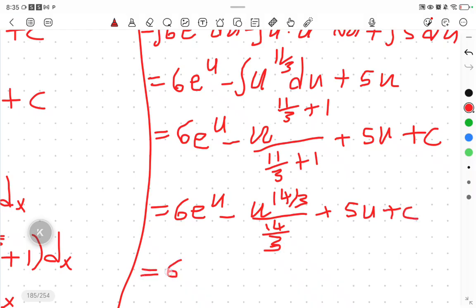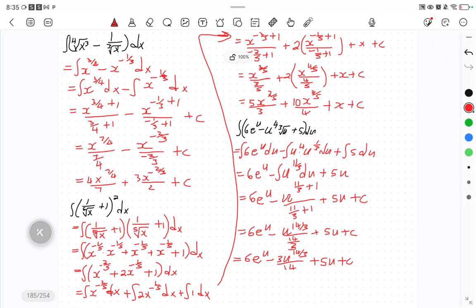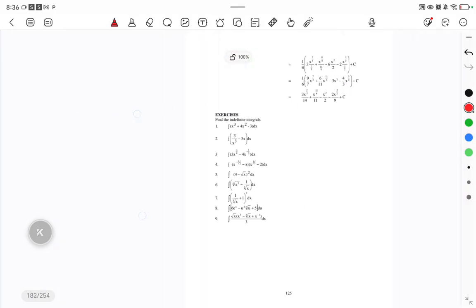This would be 6e to the u minus 3u 14 over 3 over 14 plus 5u plus c. So we get that for number 8. Now, you know, right? I don't write everything. So I'm gonna leave number 9 to you.